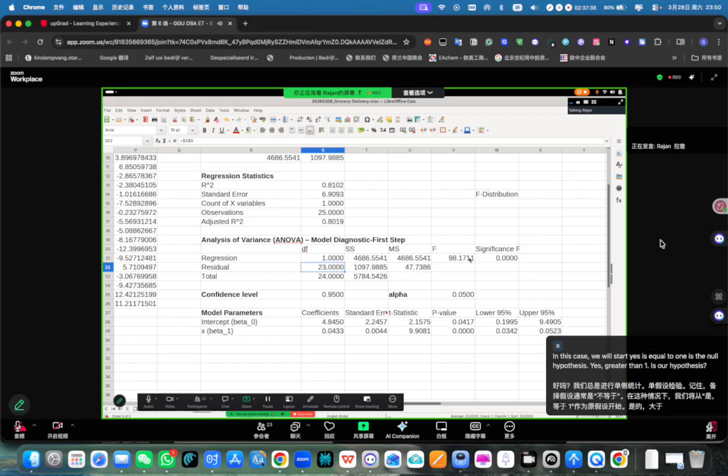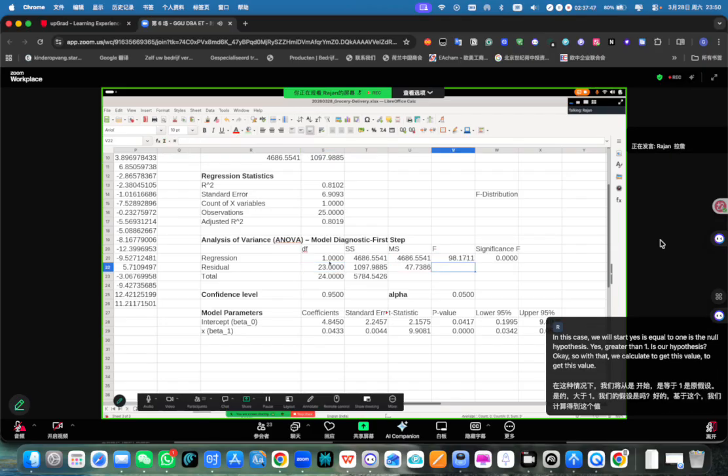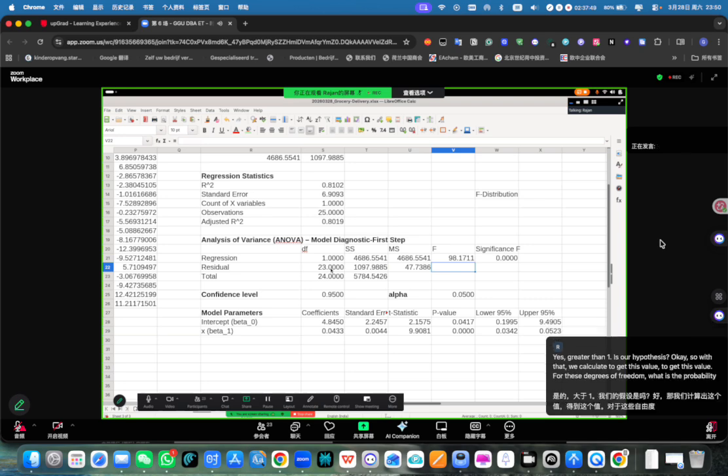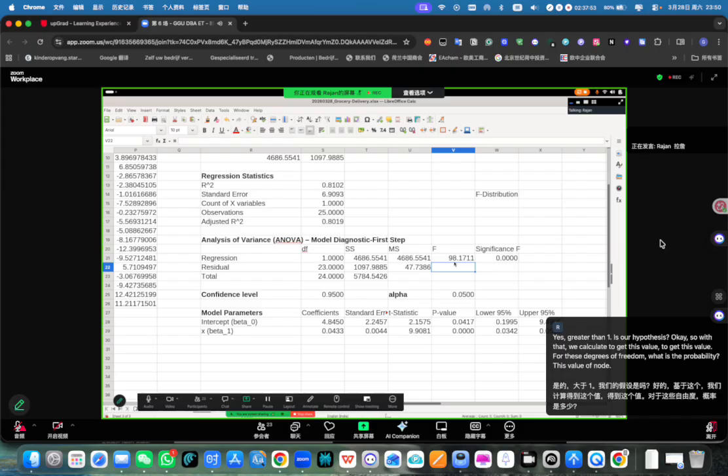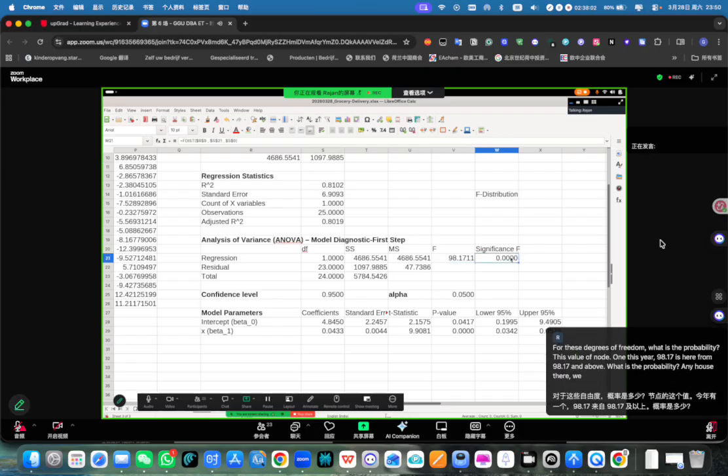So with that, we calculate this value for these degrees of freedom. What is the probability of this value or more? 1 is here, 98.17 is here. From 98.17 and above, what is the probability? When we ask that, we get this number.